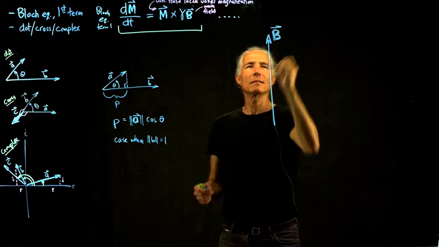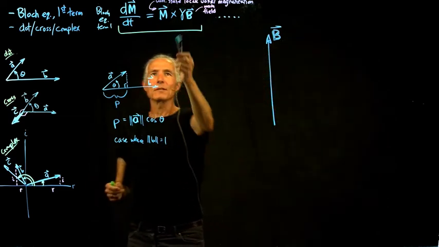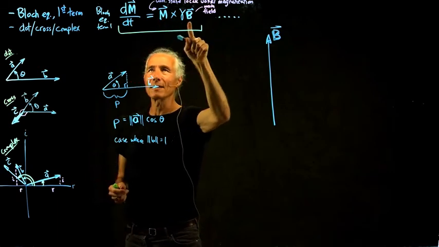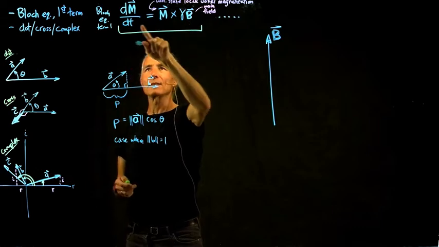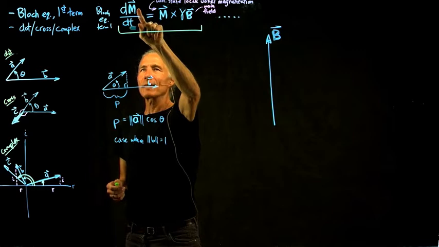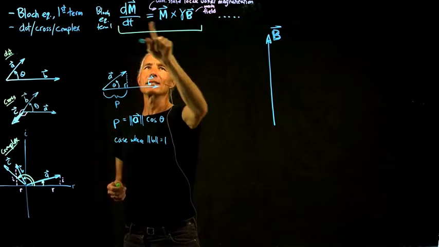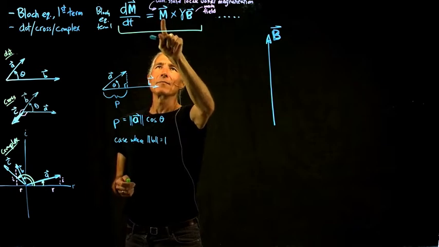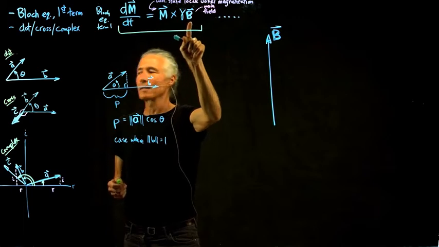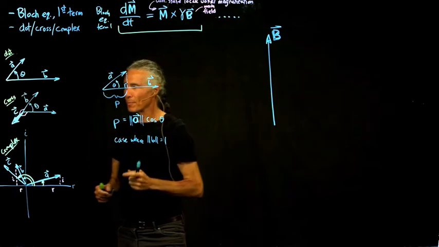So this is the B field. This is a relationship between two magnetic fields. So M is a magnetic field and B is a magnetic field. And so this says for a small amount of time, the vector that tells you how to change the bulk magnetization is equal to the cross product of whatever the bulk magnetization currently is, cross producted with the B, whatever the B currently is.